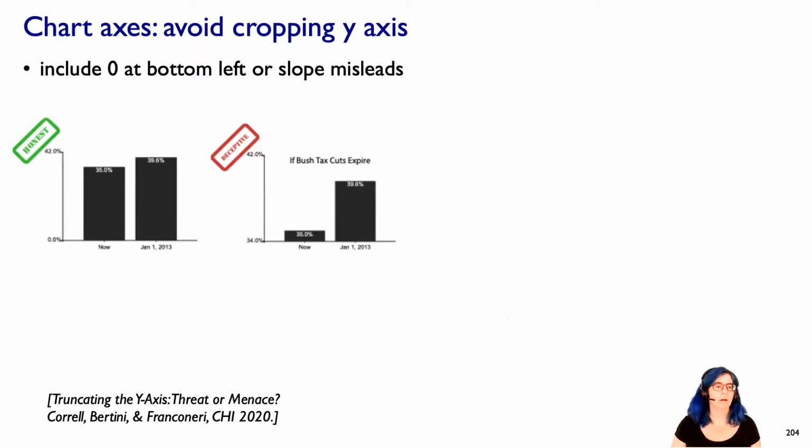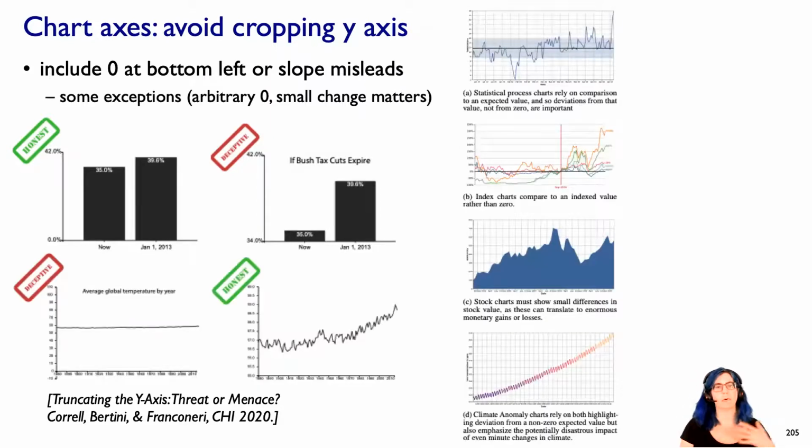In a well-named paper, Truncating the Y-Axis: Threat or Menace by Michael Kroll, Enrico Bettini, and Steve Francaneri, they had a nice analysis of what were some of the cases where you are being deceptive versus honest, and it depends on what would count as misleading.